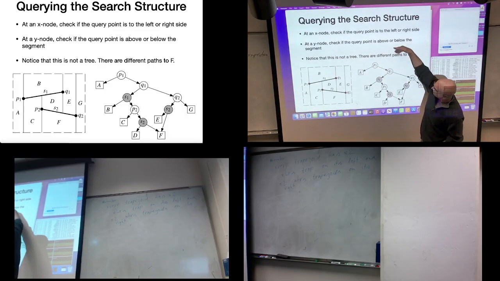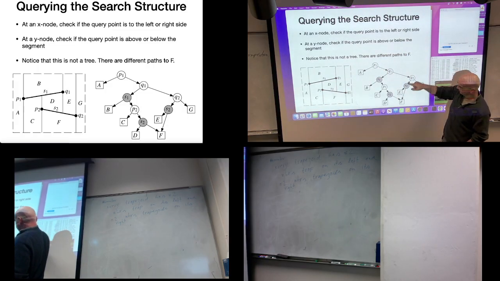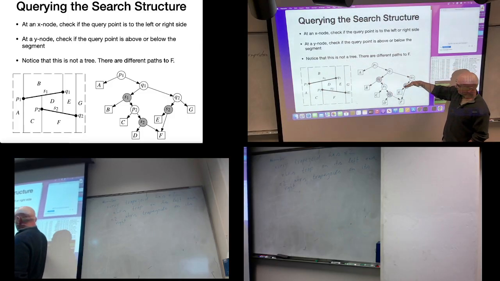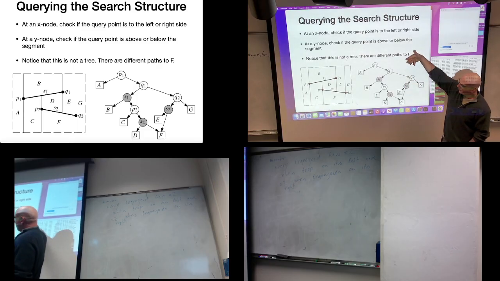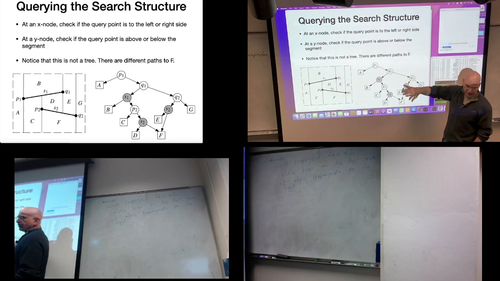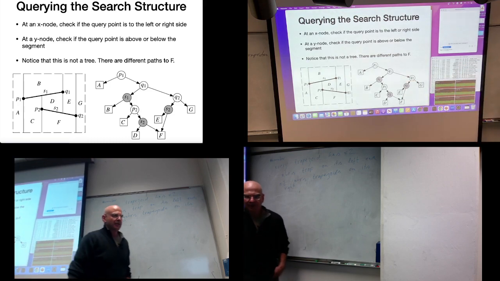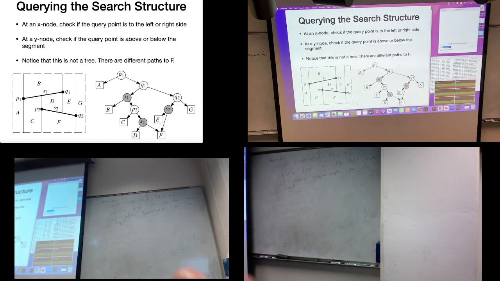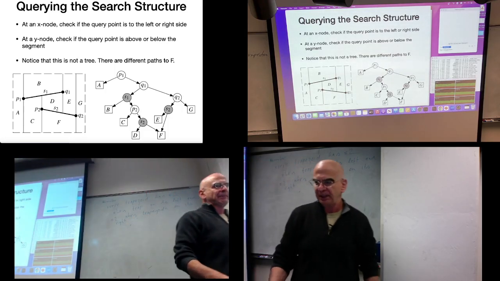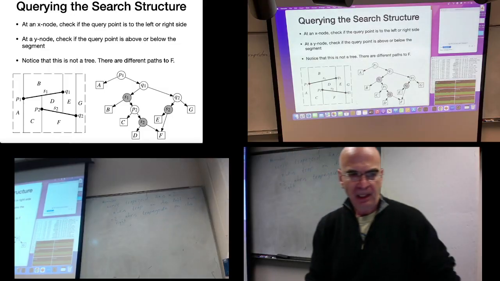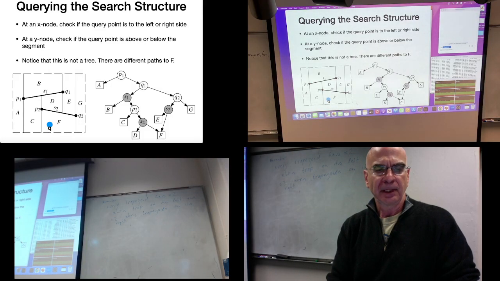And the Y node, not symmetric with the X node, says, is my query point above or below a segment? Segments are not necessarily vertical, but I can still answer: are you above the line containing the segment, or are you below the line containing the segment? And you're breaking ties by saying if you're just on the segment, then formally you're below it or something.